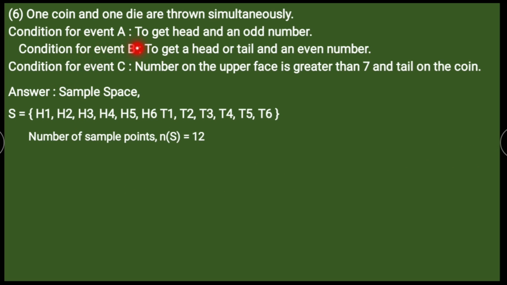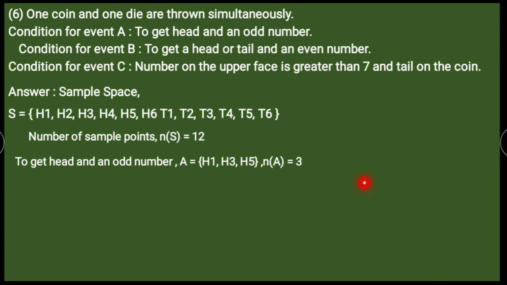Now see the first event, event A. To get a head and an odd number, we select the head and odd numbers 1, 3, 5. So we write H1 H3 H5 as the sample points, elements of event A. H1 H3 H5 satisfy the condition of getting a head and an odd number. So total numbers are 3. So n of A equals 3.